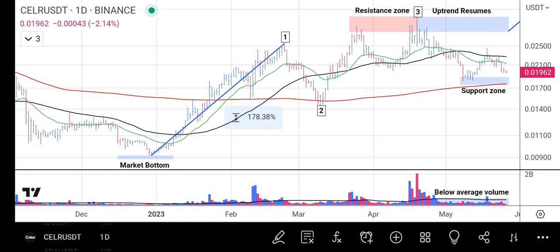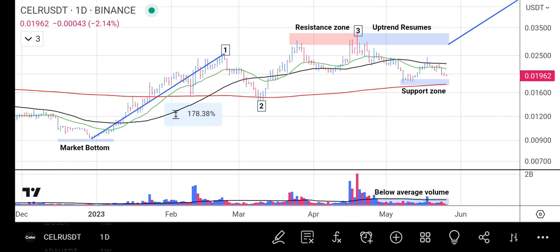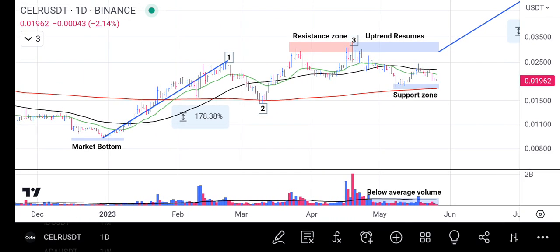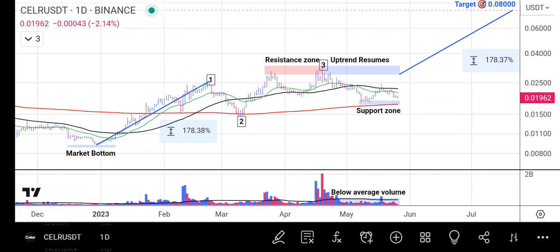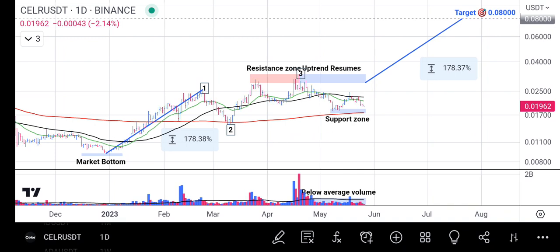And from there, until we have a breakout from point 3, that is when we will be very sure that another rally has well begun, and our target zone is now at 0.08000. That's the same distance from market bottom to point 1.